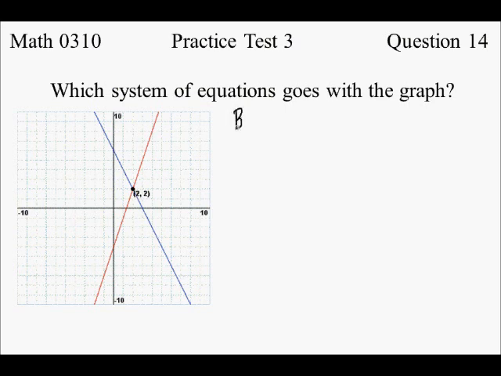So you can see we want to get some sort of an equation for the blue line. So our blue line, let's look at a couple things. First we can look at the y-intercept. So our y-intercept is going to be, let's count up here, 1, 2, 3, 4, 5, looks like 6. The y-intercept is 6.